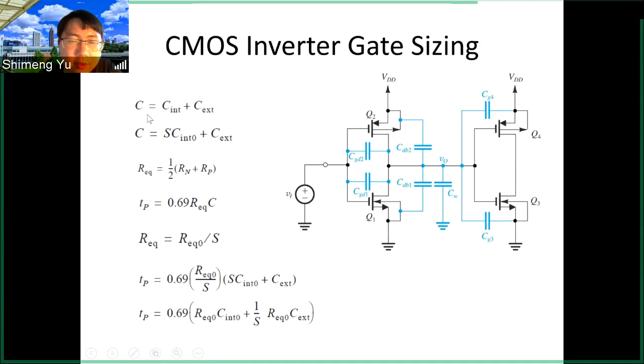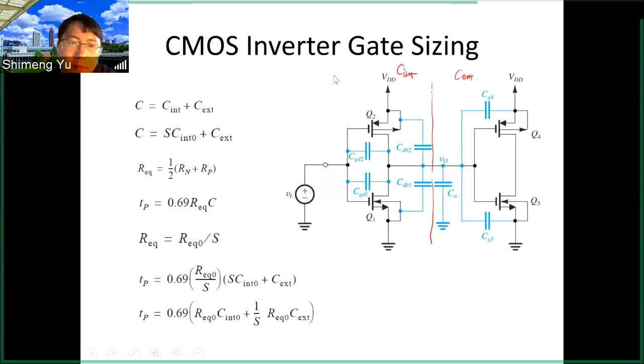As we discussed, you need to understand the two components for the capacitance: C intrinsic and C extrinsic. If you remember, we break it up into two parts, C internal or intrinsic and C extrinsic.